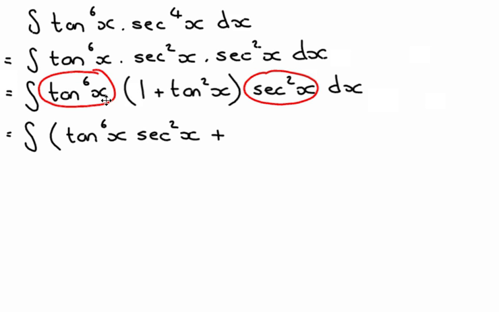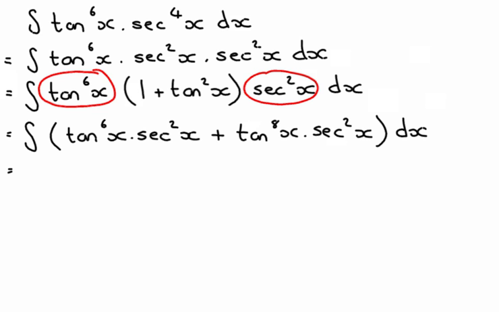So tan to the power of 6x times tan squared x is tan to the power of 8x, and I times it by sec squared x, with respect to x.